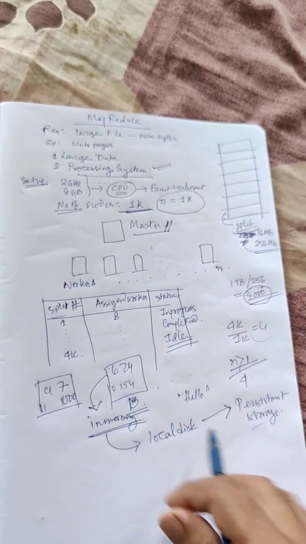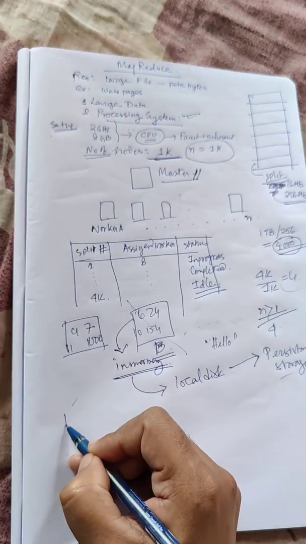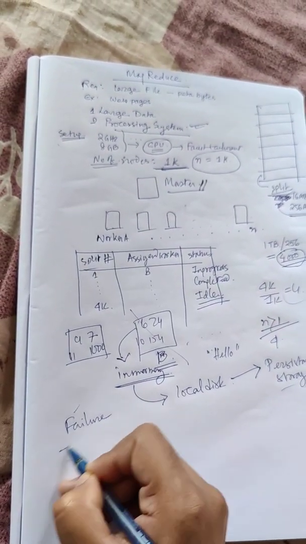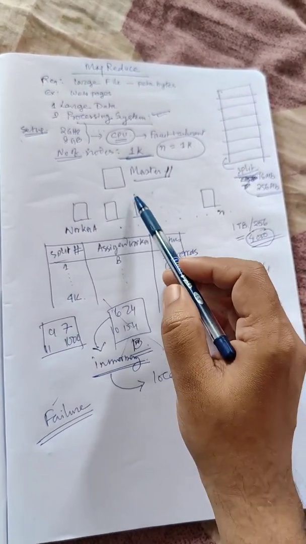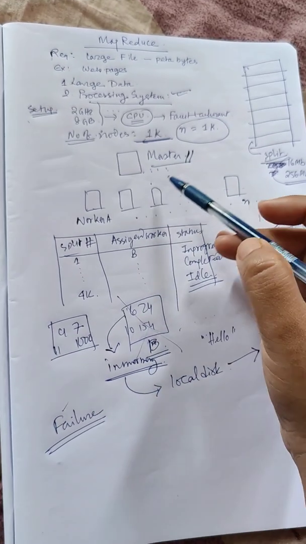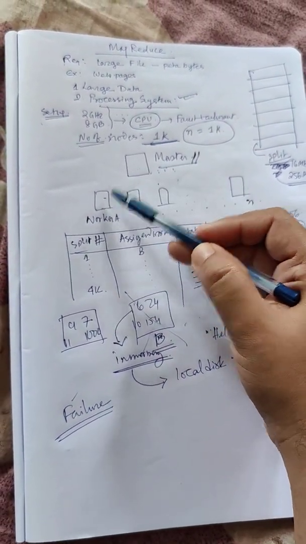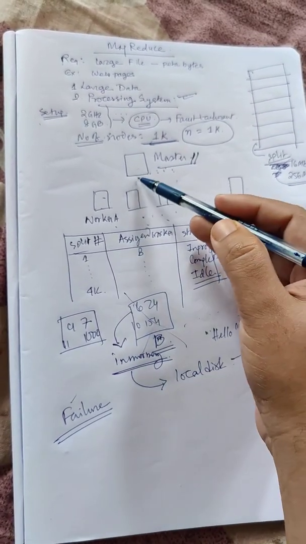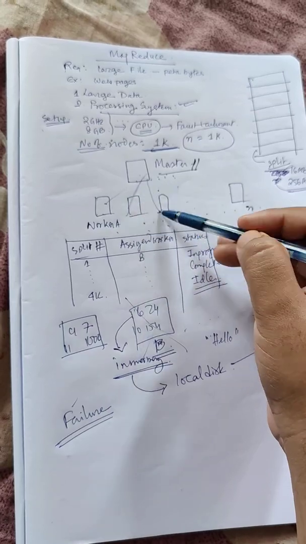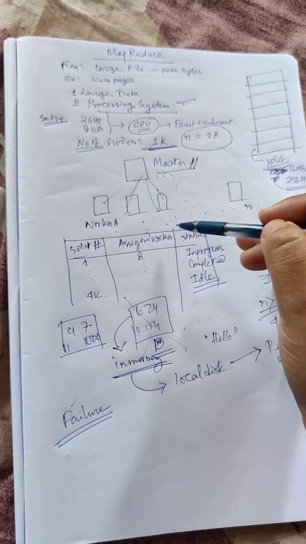So what happens when your worker fails? For example, this worker fails. What kind of failure mechanism are we talking about here? If this worker fails, first of all, how does the master know that? As we already know, the master has a strategy of understanding the heartbeat of each worker node. It sends a ping to every worker node periodically to understand the health of the worker node.